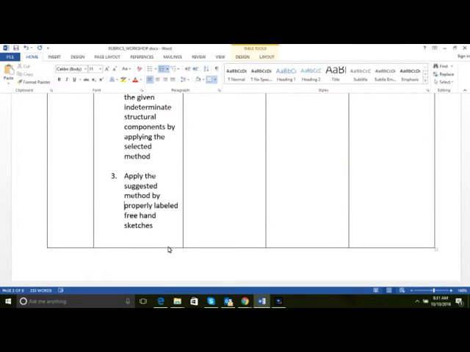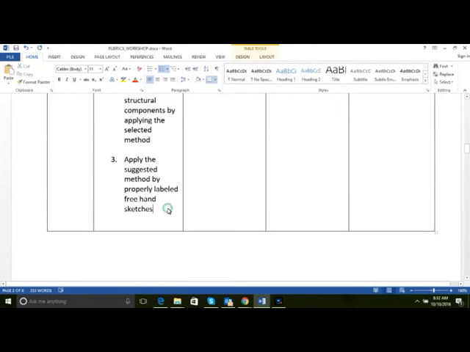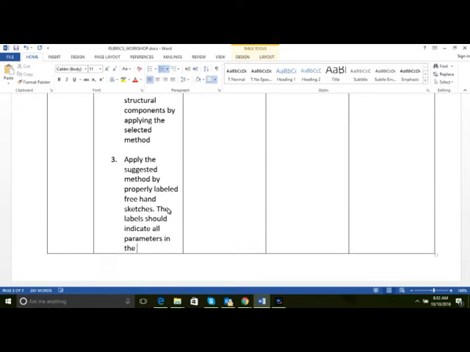And the third step is to apply the selected method by properly labeled freehand sketches. So these are the three steps which have been decided by the Faculty of Civil Engineering as students' performance for highest expectations.